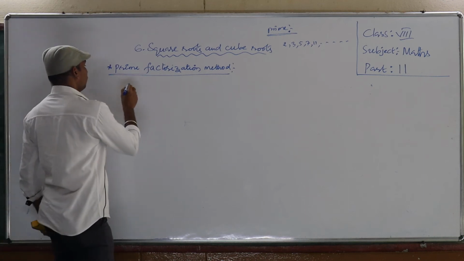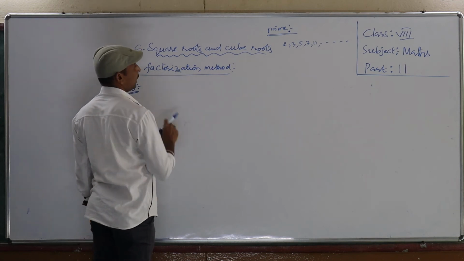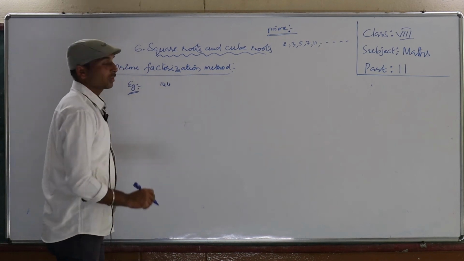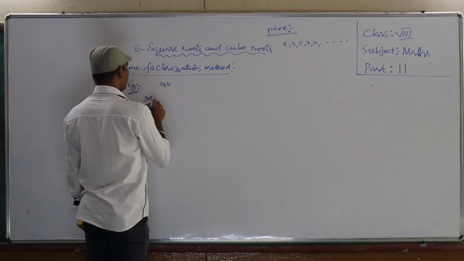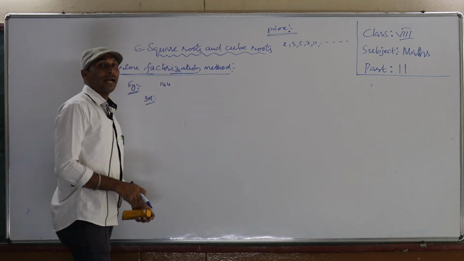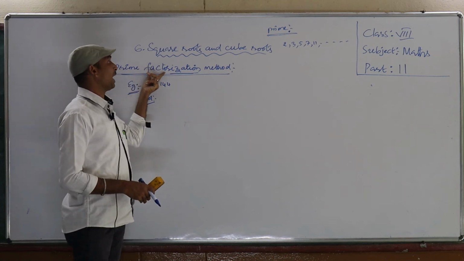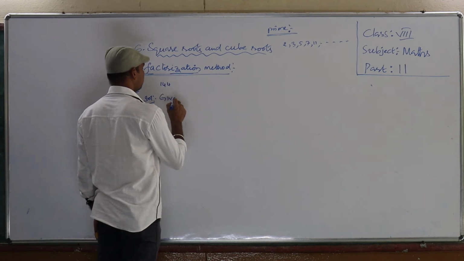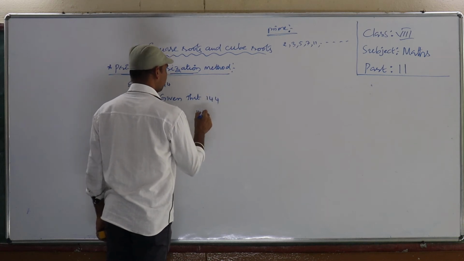We will take one more example. Here I am taking 144. Solution: same prime factorization method only. Find the square root of 144 by using the prime factorization method. The given number is 144.